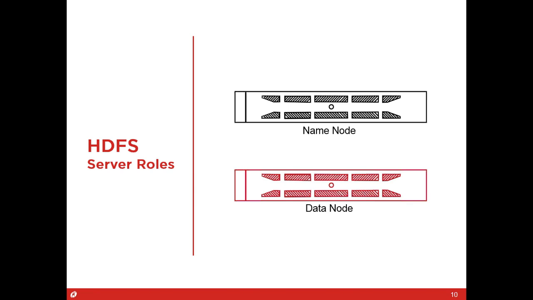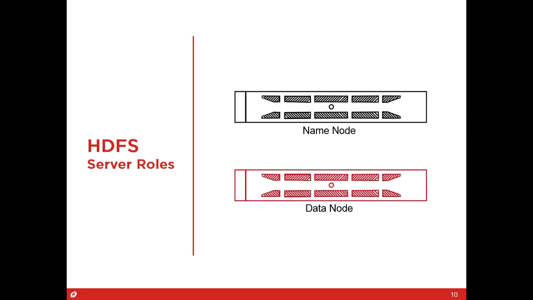Now, data blocks themselves are stored on servers, which in the HDFS context are known as data nodes, where each server will run a data node specific service. But in addition to the data node service, there still is a need for a control service, one that records and tracks block placement, one that responds to client requests for data access, and one that monitors and maintains the healthiness of the cluster, for example, controlling that replication.